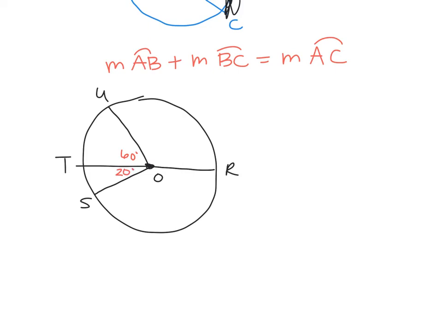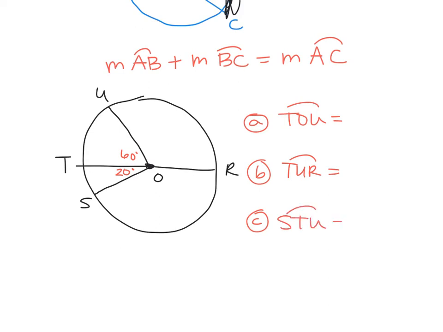And then we're going to find a few different things. So the first thing we're going to find is arc TOU. And then we're going to find arc TUR. And then we're going to find arc STU. And then we're going to find arc ROU. Okay, so I want to know how many degrees all of those arcs are.